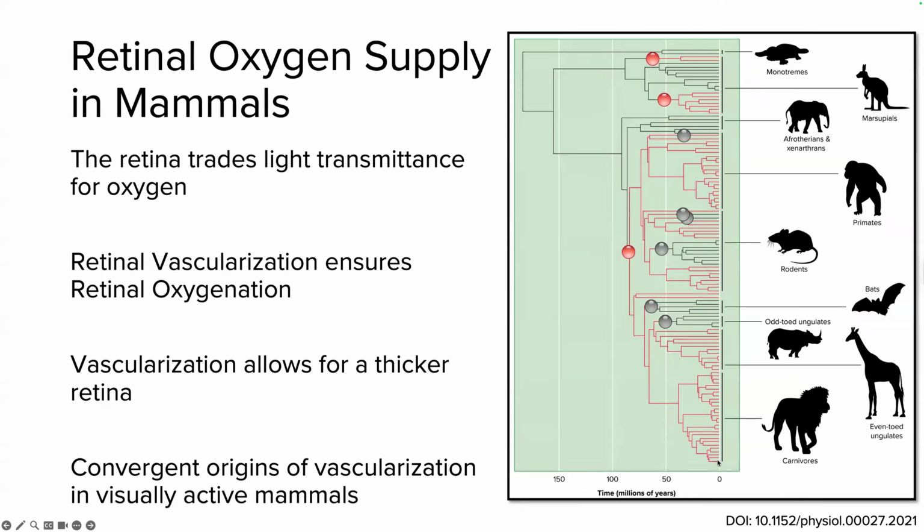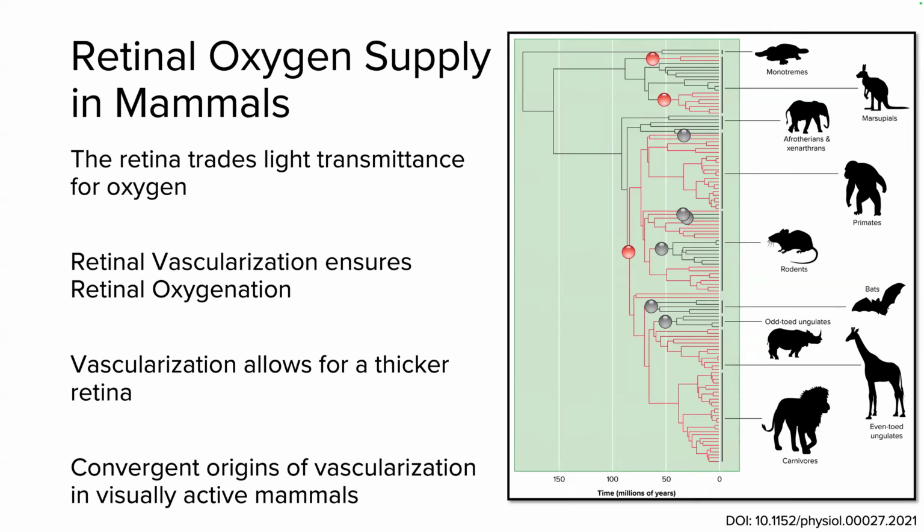We can use phylogenetic comparative methods to try to come up with information about when vascularization originated, where we can see that it actually originated 2 times independently within the marsupials and 1 time in the crown group of placental mammals. And then it was secondarily lost multiple times within the placental mammals in species that are less reliant on vision.